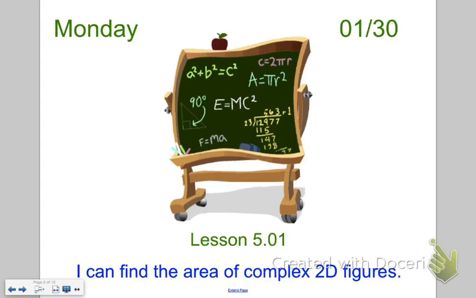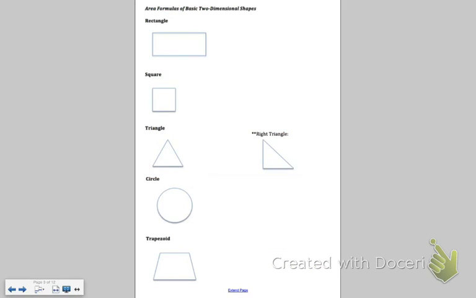and let's refresh our memories with the formulas for basic two-dimensional shapes. We're going to fill this out together, and this is going to be your reference sheet that you're going to use to help you find the total area of the images that you have today.